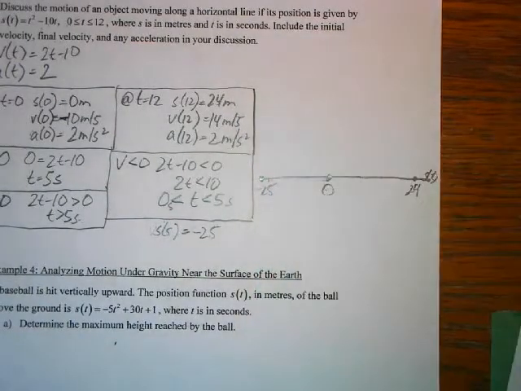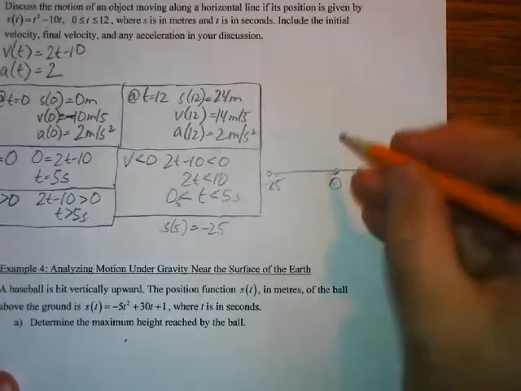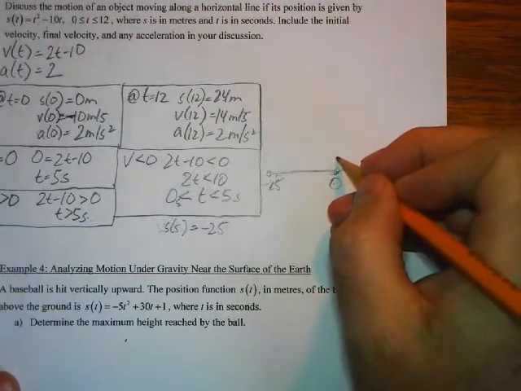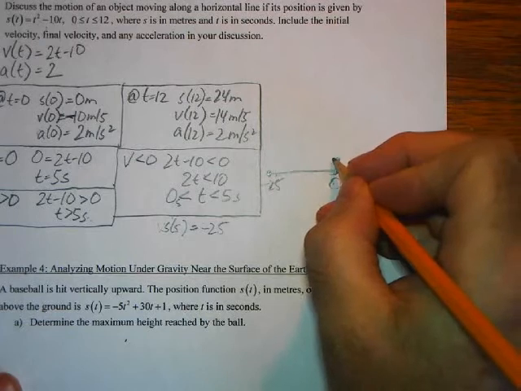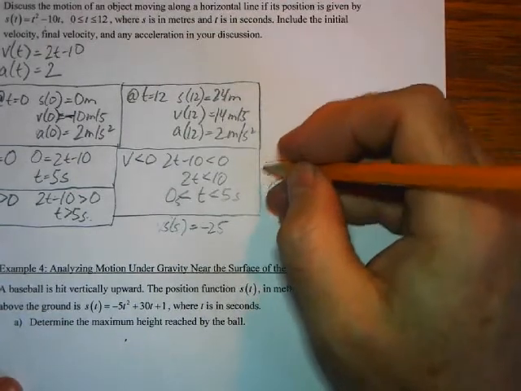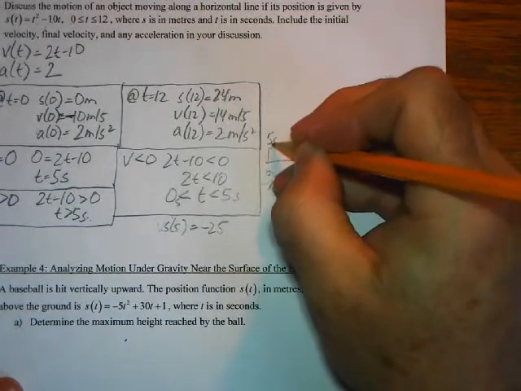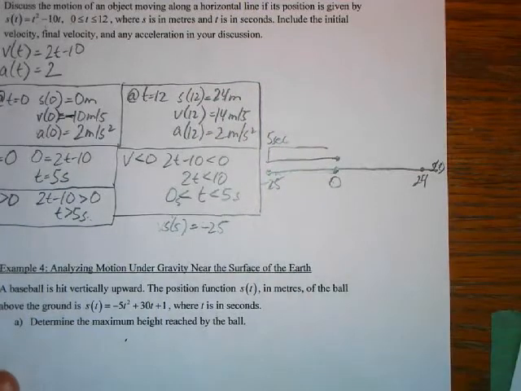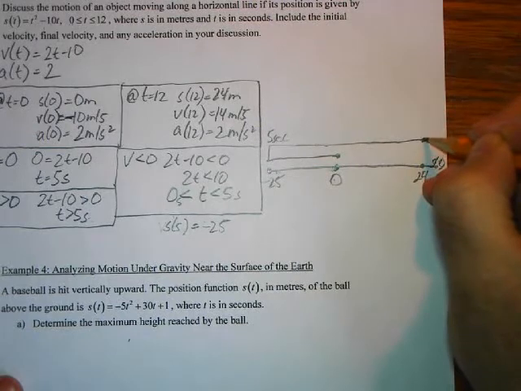The scale is a little bit off, you can see that. So this is the path of the object. At 0 seconds, it started here at 0 meters. It went all the way up to here, and then turned around, and this happened at 5 seconds. And then it traveled all the way out to 24 meters at 12 seconds.